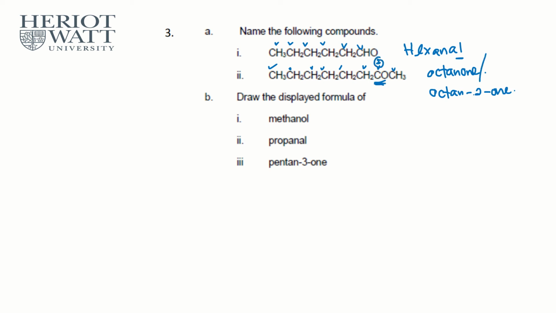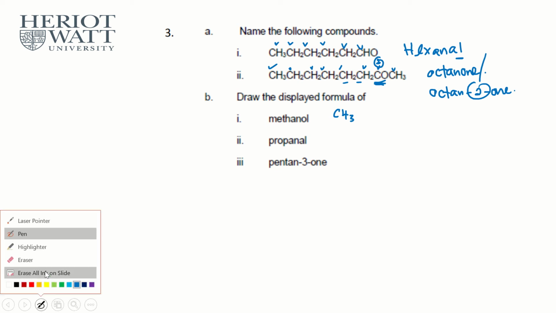Either way would do, but of course if we move the C double bond O to carbon number 3 or number 4, then it's good to put in the numbers so that whoever is reading this would know the position of the C double bond O. You see that? So draw the displayed formula for each of the following. Methanol is just simple. Of course, the displayed formula is not what I show you here.